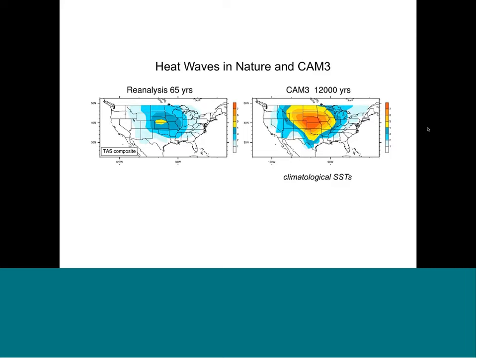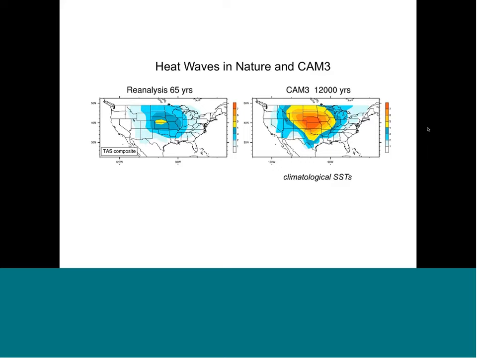The right panel shows the average distribution of temperature anomalies during the heat waves in this model. There are more than 16,000 such days, so now we have very good statistics. Although the heat waves are somewhat stronger in the model, you can see they're occurring at about the same place. So we think it's valid to consider heat waves in this setting.